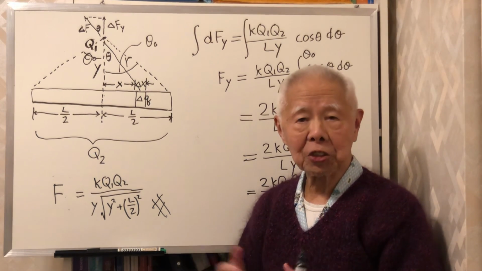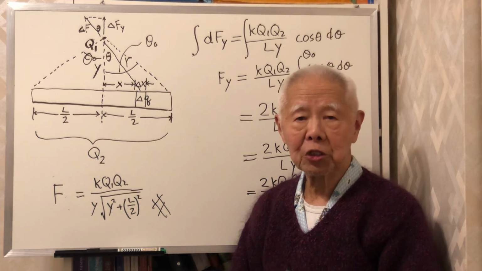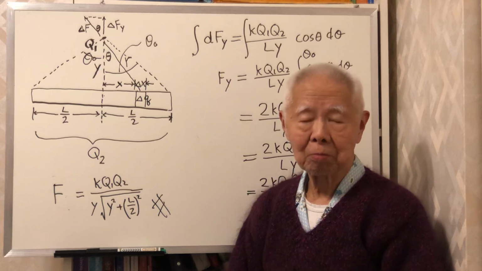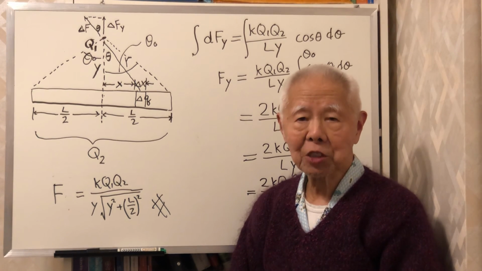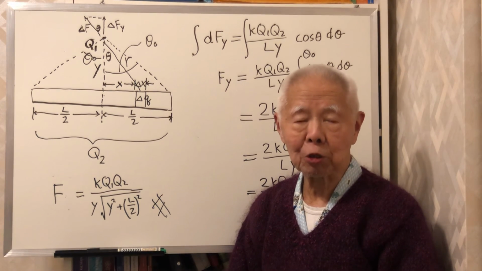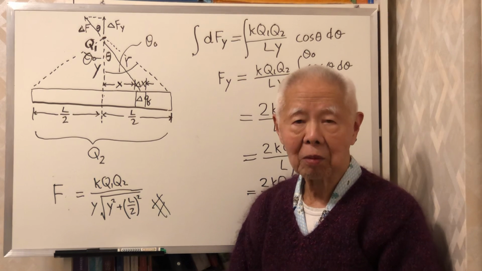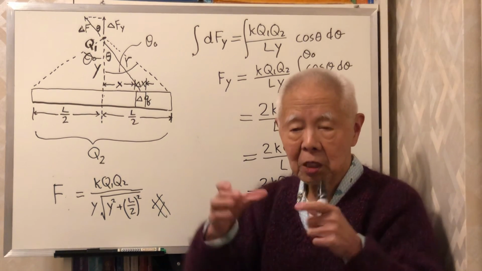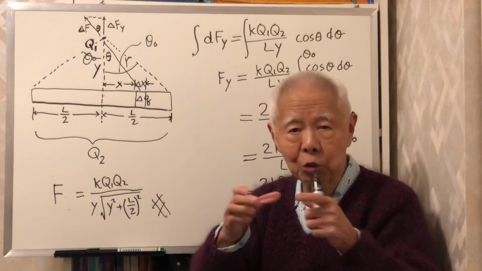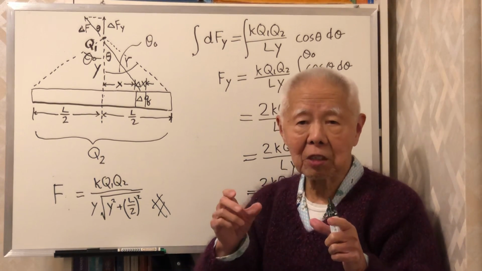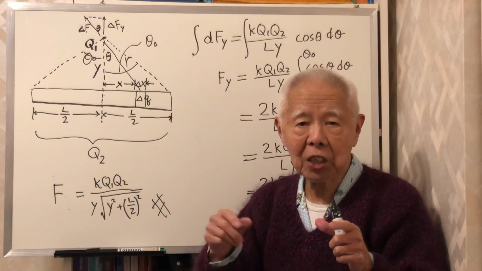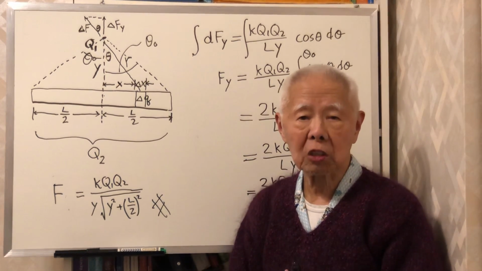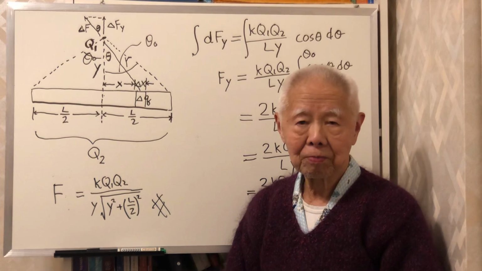So we are discussing examples about Coulomb's law. And next we will have more examples using Coulomb's law. So the next example is a charged ring. If you have a uniformly charged ring and there is a point charge on the axis of the ring, what is the force on the point charge?